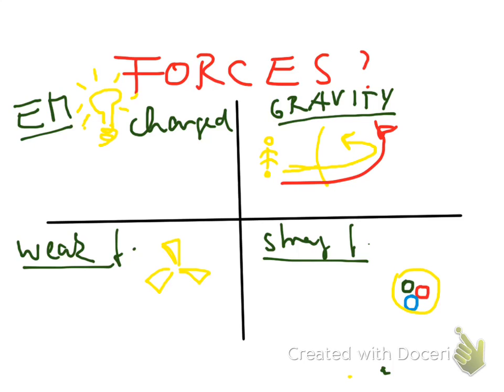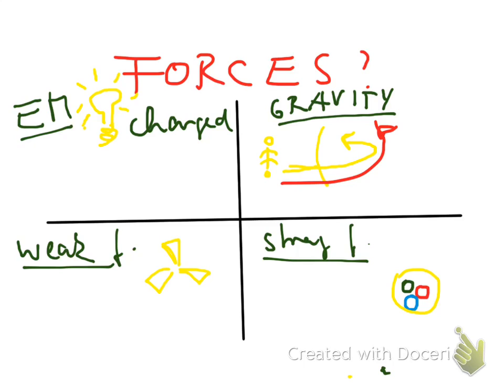And then there are two other forces that are not so evident, at least at our scale, but they are really important. One of them is the weak force, which is responsible for radioactive processes. So if we think of Fukushima, there's lots of weak force action involved there. It's also very important in keeping the Sun, for example, from fuelling out all too quickly.